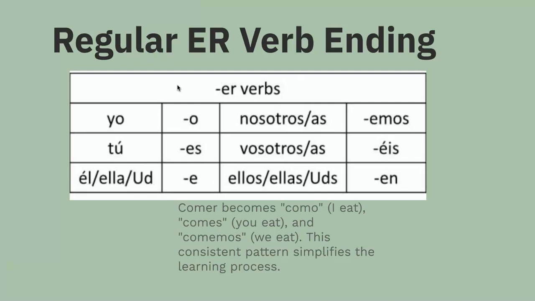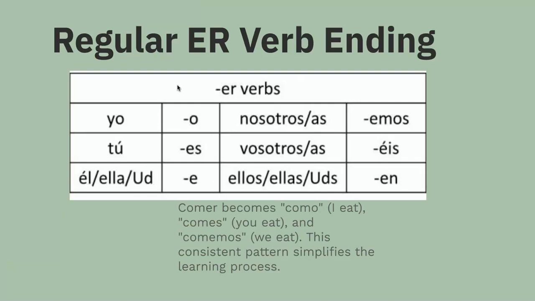So it's different than our AR verbs, but we got comer becomes como, because again, we're going to drop that ER ending. So comer means to eat. And so we have our stem, which would be COM. And depending on who is doing the action of the verb, we are going to conjugate that to the person doing the verb.